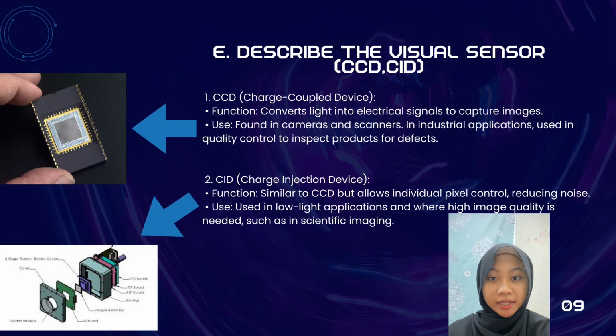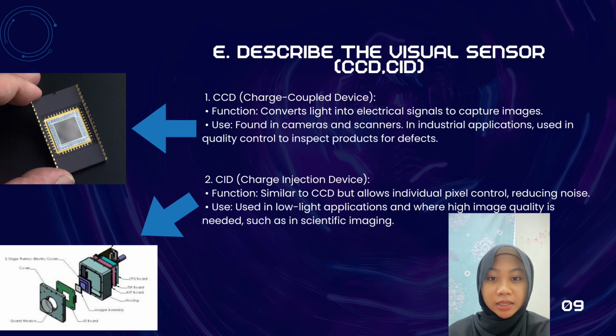For the next one is the visual sensors CCD and CID. As you can see in the picture, CCD is charge coupled device. The function of this sensor is converts light into electrical signals to capture image. It is found in cameras and scanners.